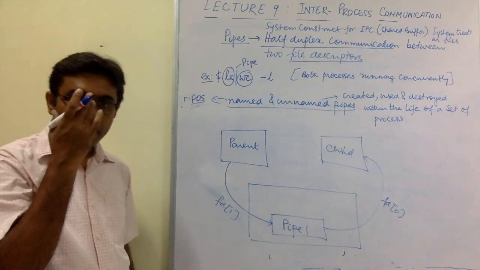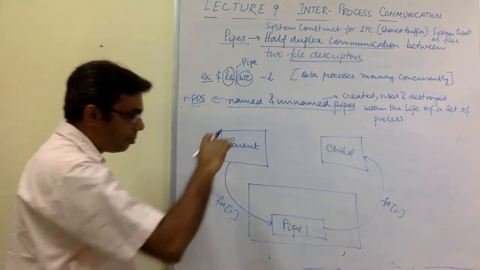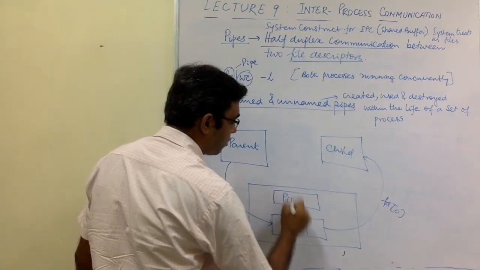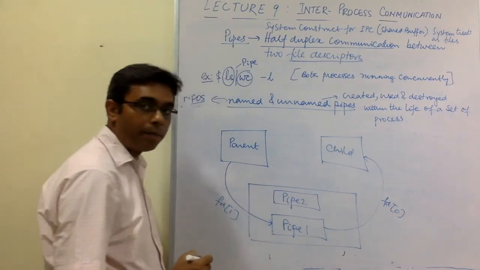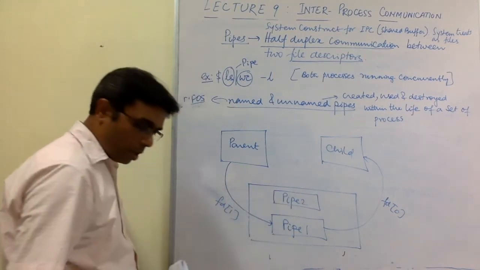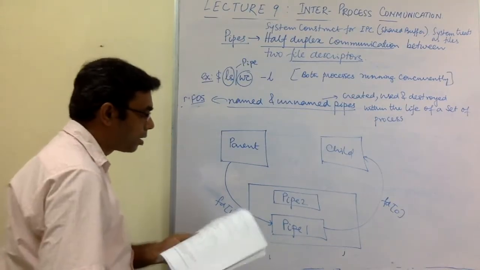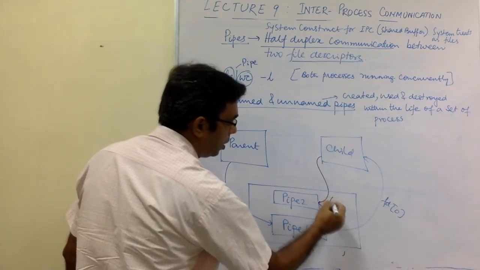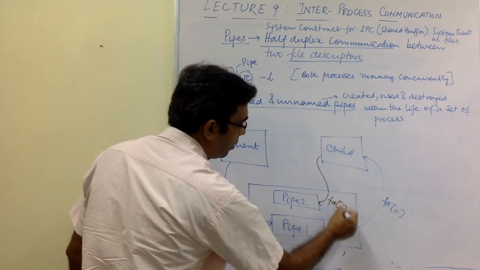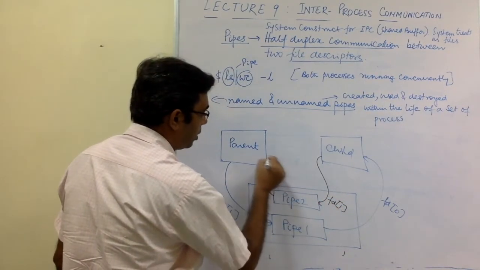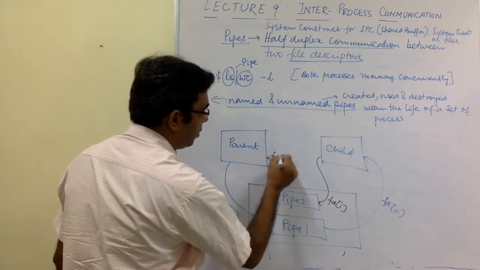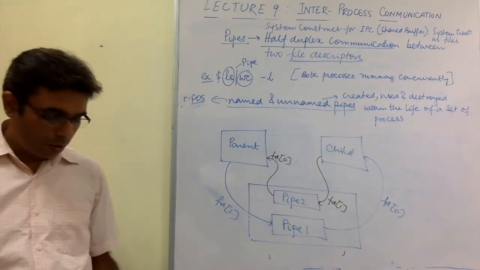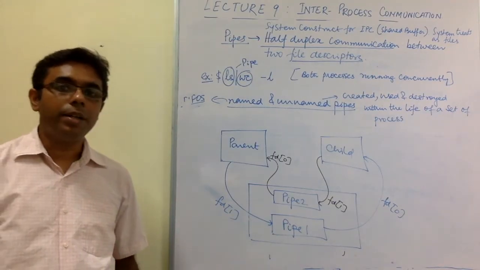In case you would like to have the other way around, you can simply repeat the process, but in that case you have to make use of another pipe, pipe 2, and this time it would be the other way around. So this would be the FD1 for pipe 2, and this would be the FD0 for pipe 2 for the parent. So this would ensure that you will have a bidirectional communication.